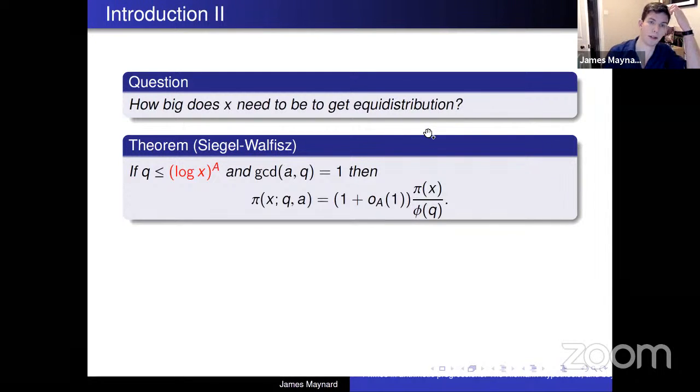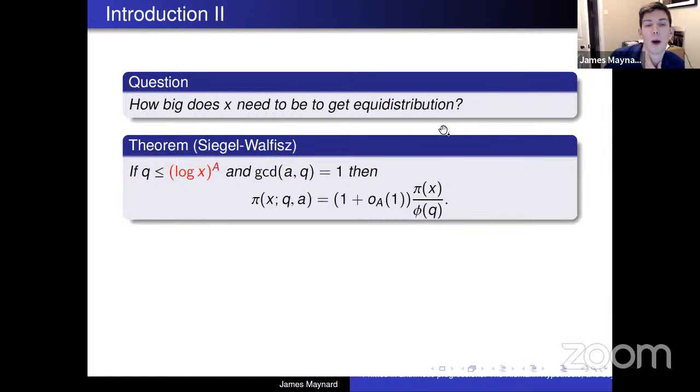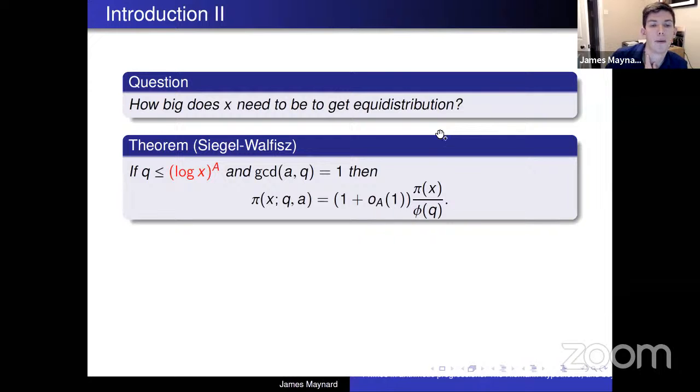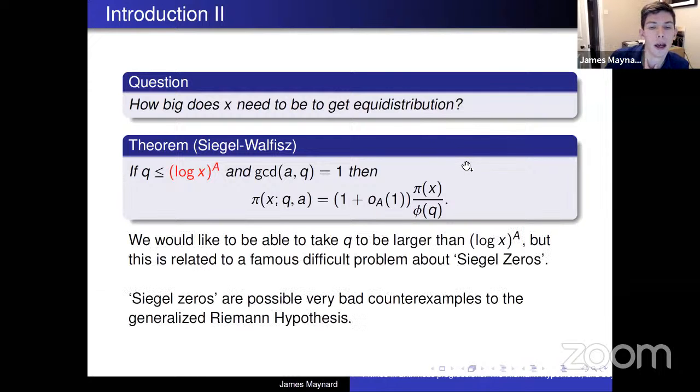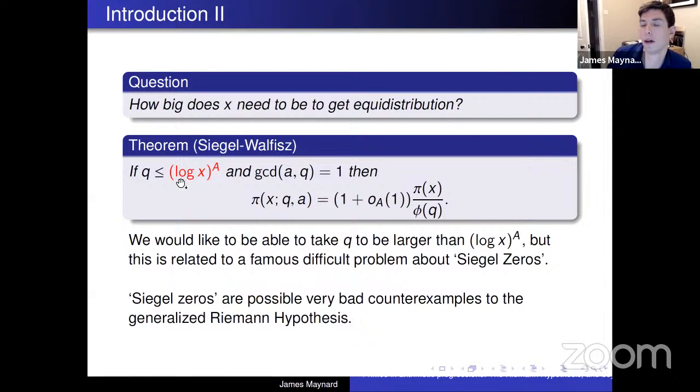So the Siegel-Walfisz theorem has a huge number of applications, particularly in analytic number theory, but also elsewhere in number theory and beyond. But unfortunately, for lots of applications, you'd really like to take q to be bigger than log x to some fixed power.